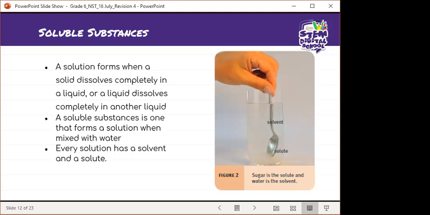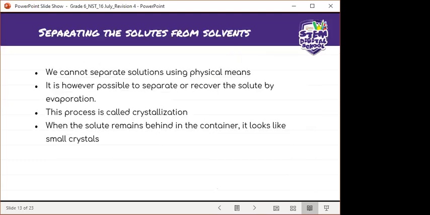All right. Then separating the solutes from solvents: we cannot separate solutions using physical means. It is, however, possible to separate or recover the solute by evaporation, and this process is called crystallization. This is when the solid remains behind in the container and it looks like small crystals.